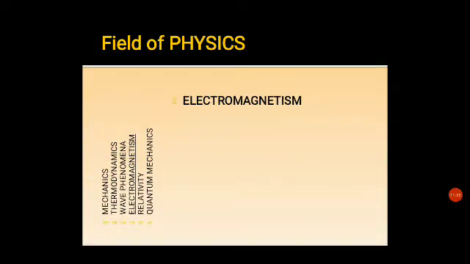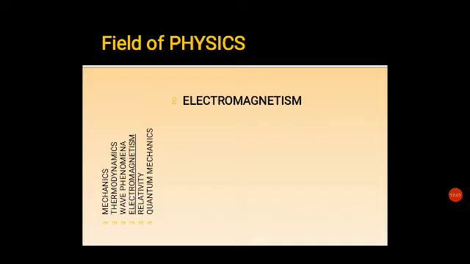It is where also optics can be found. Then electromagnetism: electricity and magnetism. Before, electricity and magnetism were separate fields. However, they found out that they can never be separated. In fact, Maxwell was able to generate his equations describing the connection between electricity and magnetism.